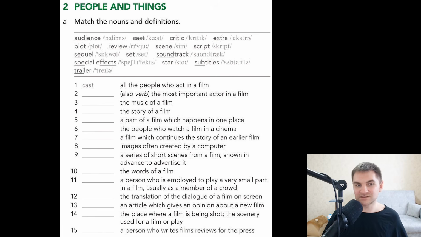Use the context clues in the definitions to help you. So, for the example I just gave, cast clearly matches with all the people who act in a film. After you finish, you will listen to the audio, that's track 6.5, to check your answers and also to hear the correct pronunciation, so you can see the word and hear it at the same time. Check and learn.